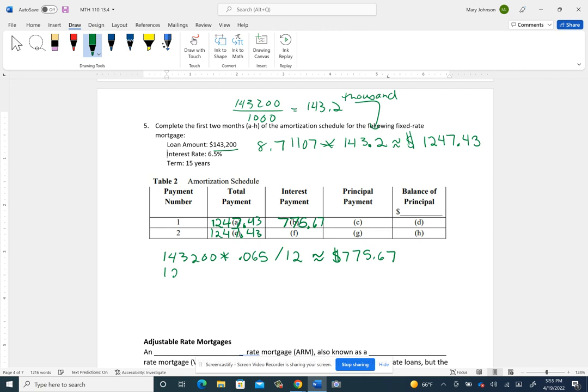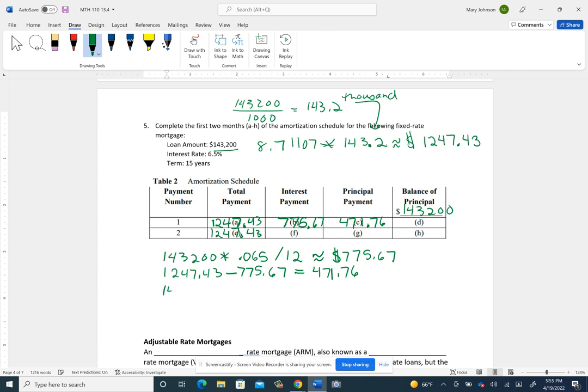Okay, so your payment was $1,247.43. If this much is going for interest, then that leaves you with $471.76. Okay, so that means $471.76 is going to pay off some of the amount you owe. Not much.